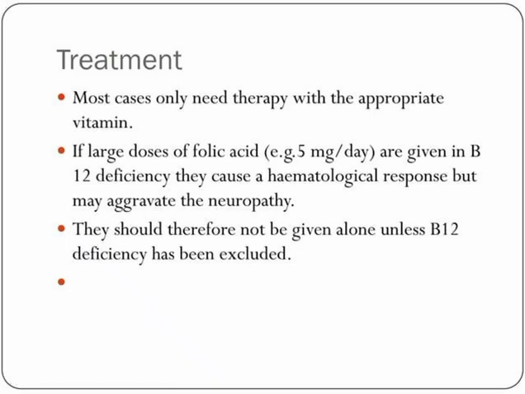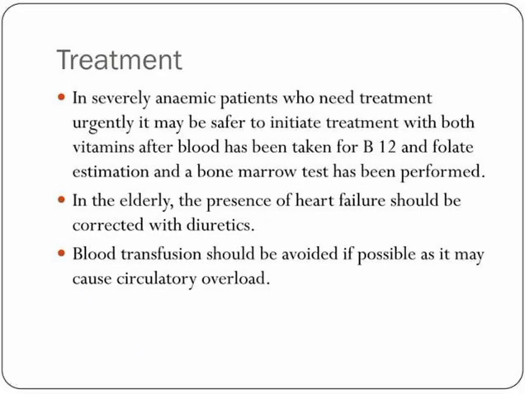They should therefore not be given alone unless vitamin B12 deficiency has been excluded. So the main therapy is the appropriate vitamin, and we have to take a proper diet. Proper diet is the major thing in vitamin B9 deficiency or folic acid deficiency.